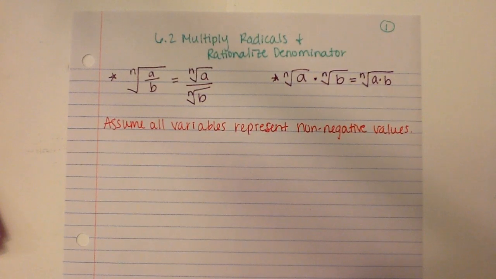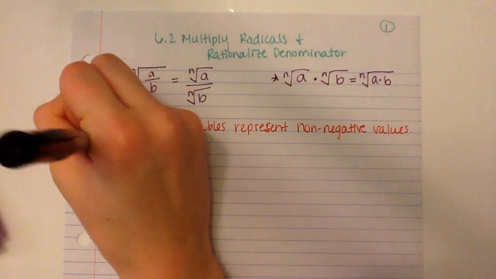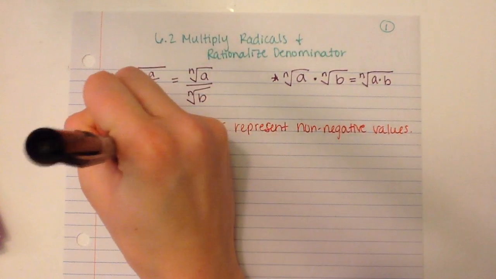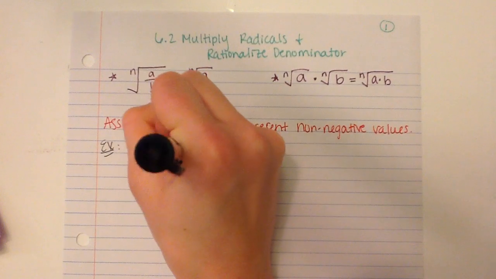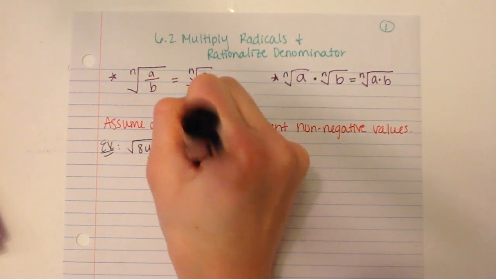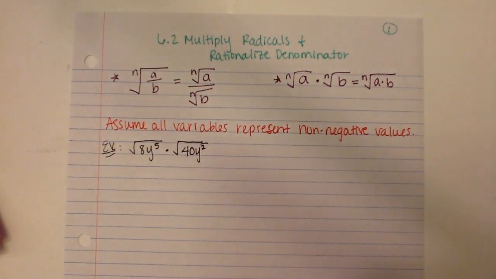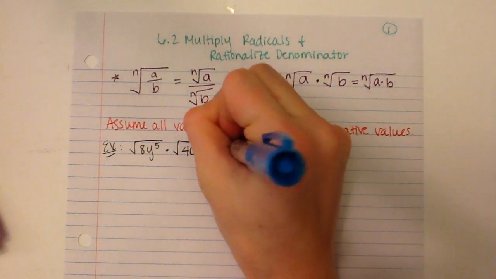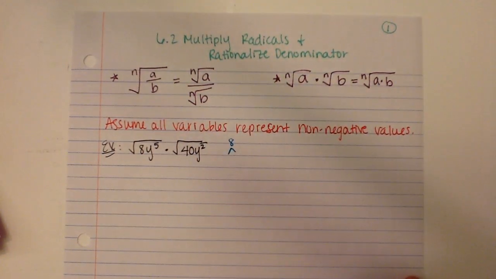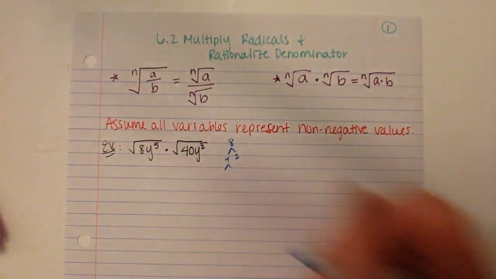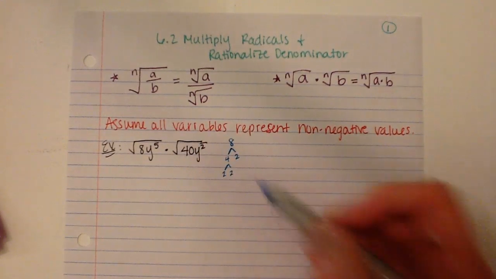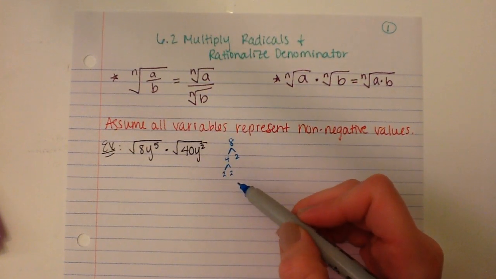And in our first example we have the square root of 8y to the 5th times the square root of 40y squared. So off to the side, we can take our 8 and make our factor tree. Well, 8 can be split up into 4 and 2, and 4 can be split up into 2 and 2. So we have 3 2's.